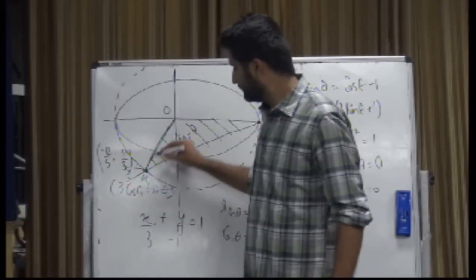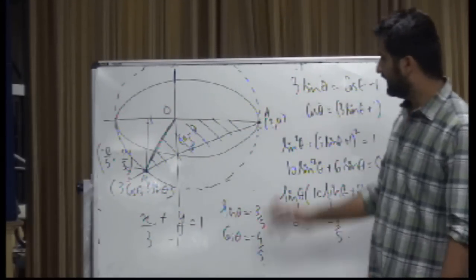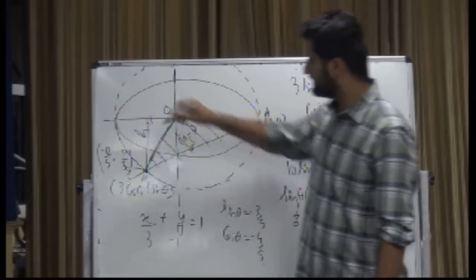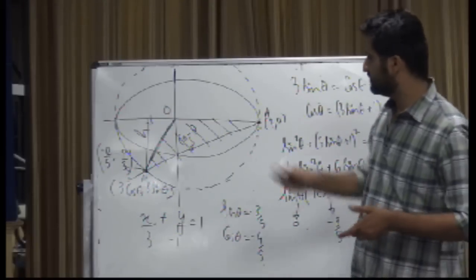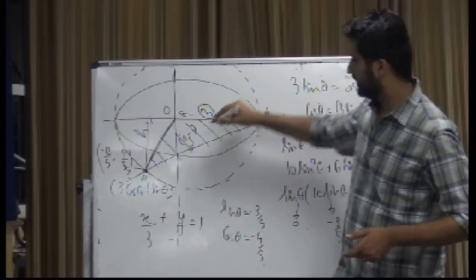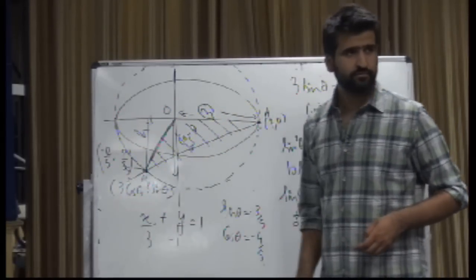Now you need to find the area of this triangle. What you will do is, you take this perpendicular, right? You know that area of triangle AMO will be equal to half base into height. What is the value of base? Base is 3 units, right? And what is the value of height? Height is 9 by 5, right?